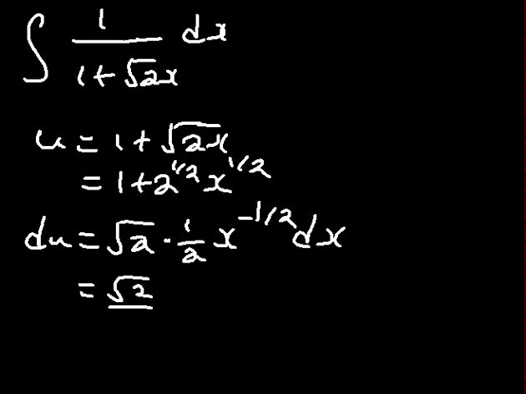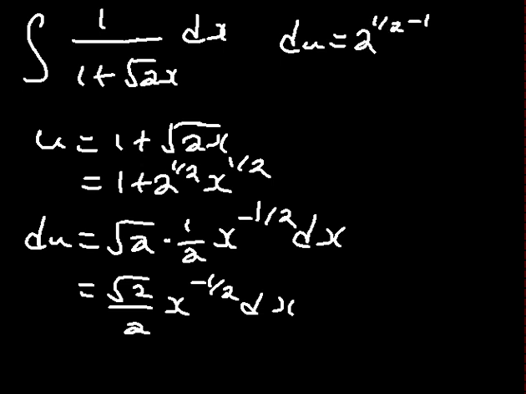which is the same as the square root of 2 over 2 and x to the power negative half dx, and using the laws of indices, that is the same as du equal to 2 to the power half minus 1 and 1 over the square root of x dx there.